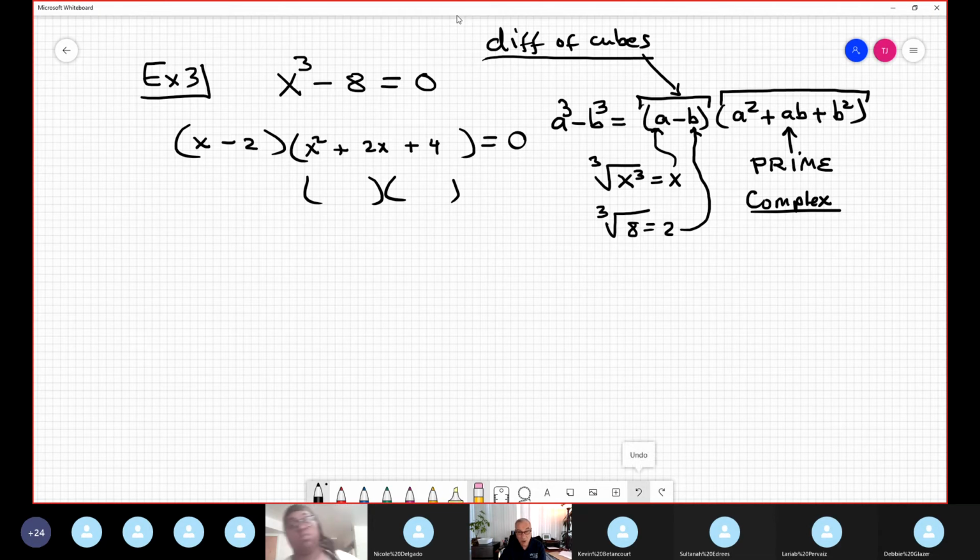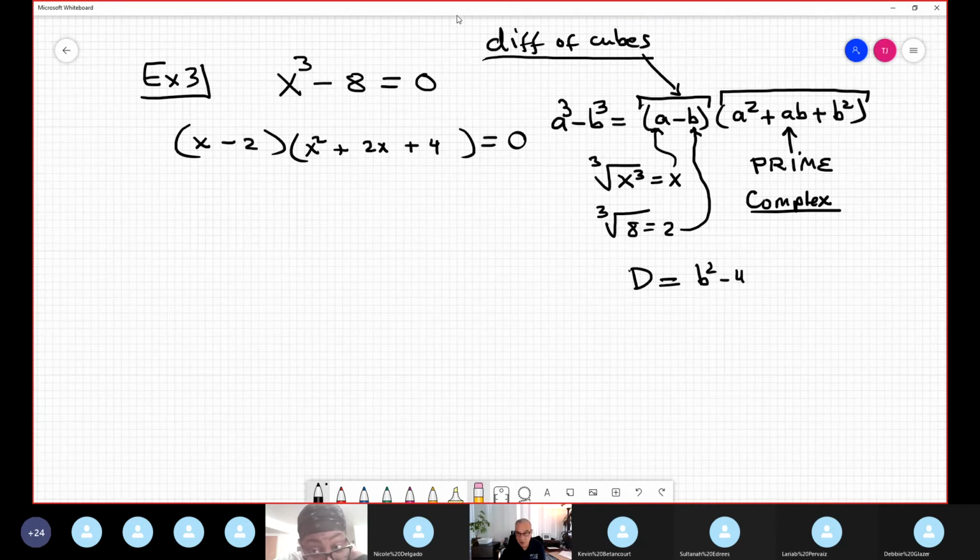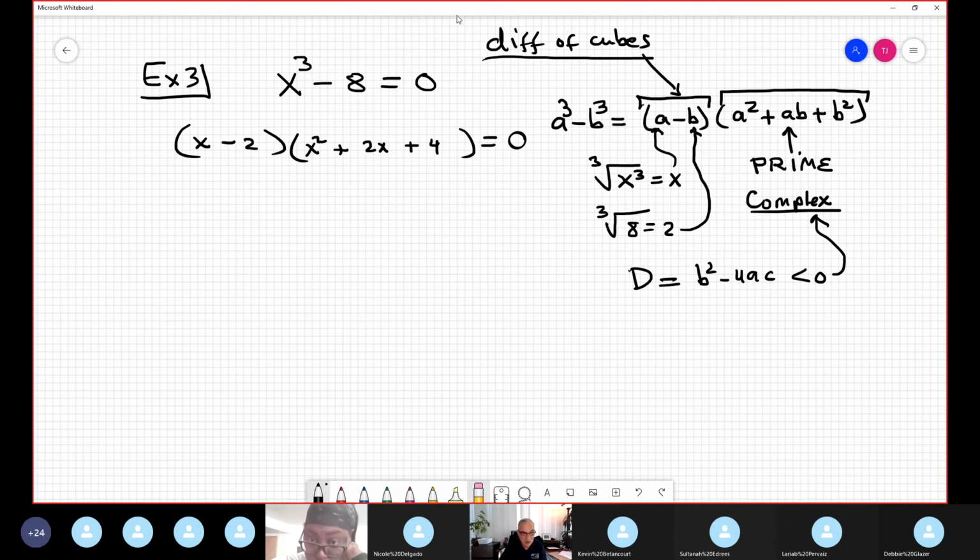How do you know it's complex? One way to verify that the solution is complex is to compute the discriminant of the quadratic equation, b squared minus 4ac. If it is negative, it's complex. But not necessarily do it separately.